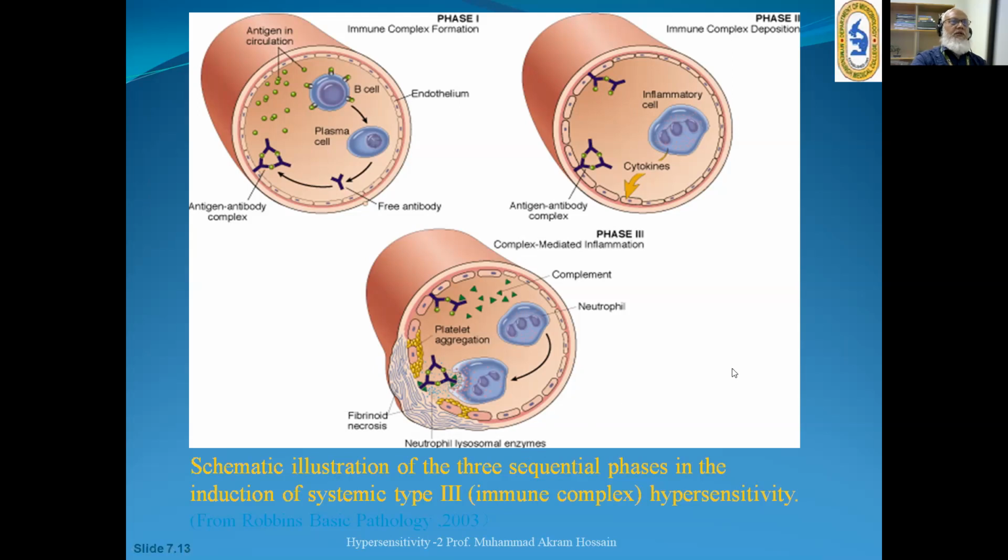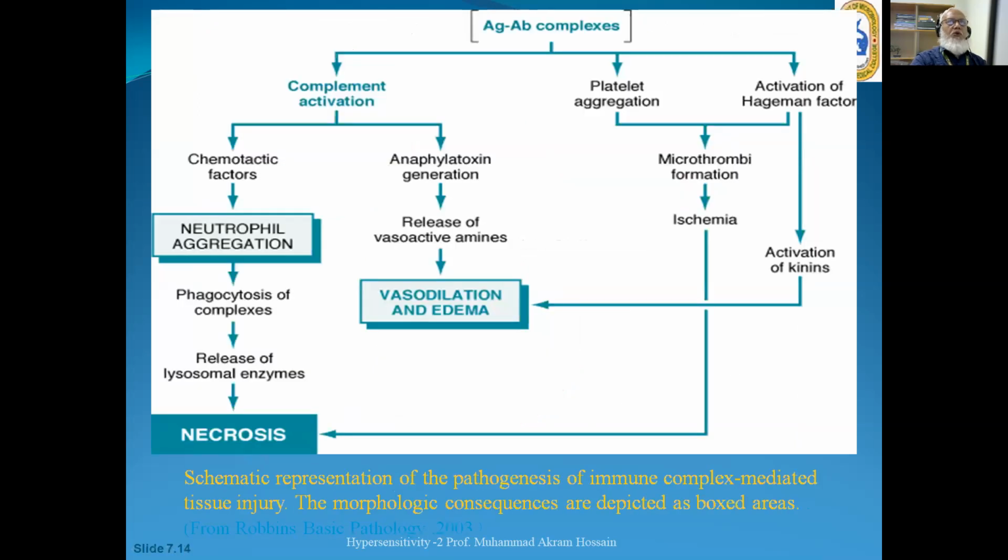And a classical example is glomerulonephritis. You see the diagram. Antigen-antibody complexes activate the complement. There is platelet aggregation as well as activation of Hageman factor.